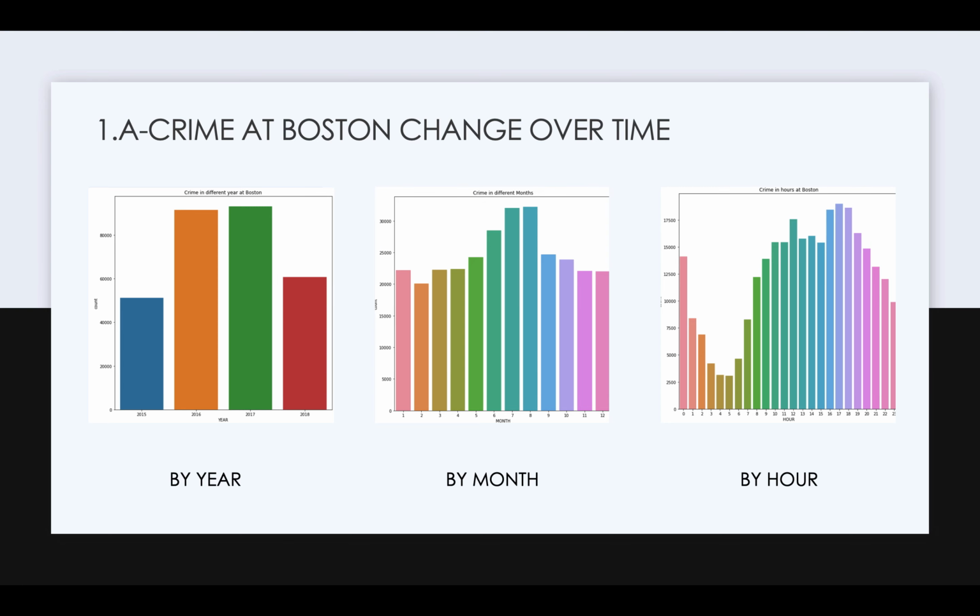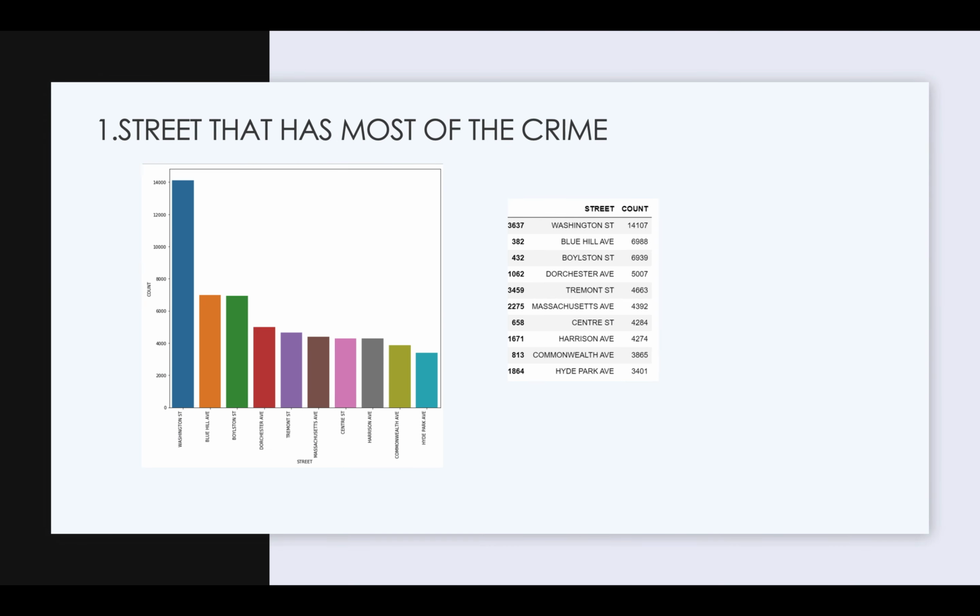So you can see these are basically three graphs by year, month, and hour. You can see 2016 and 2017 have most of the crime in the dataset, and the months July and August have most of the crime. On a daily basis, in the afternoon between 5 p.m. and 6 p.m., most of the crime happened.